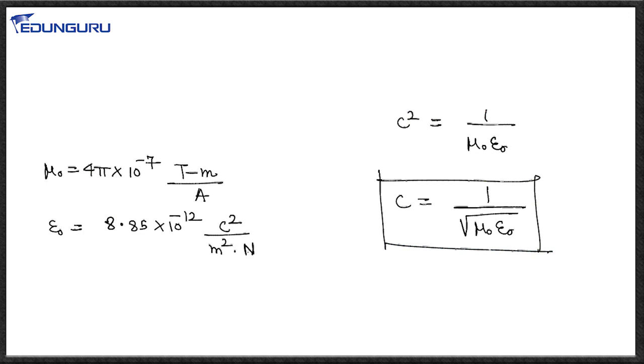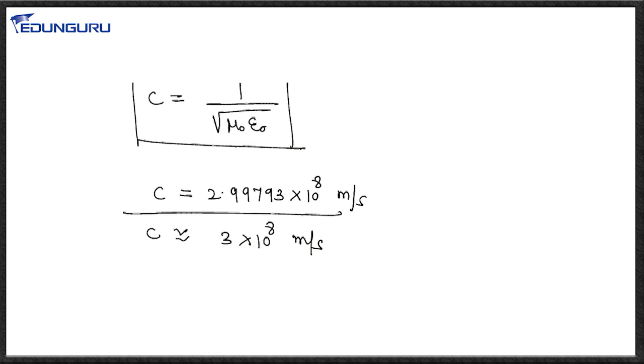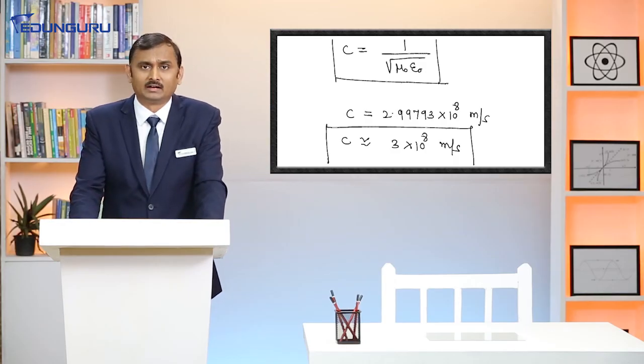When we substitute the values here, we have this C as 2.99793 into 10 to the power 8 meters per second, or it can be approximated as 3 into 10 to the power 8 meters per second, right? So this actually proved that light is an electromagnetic wave, right?